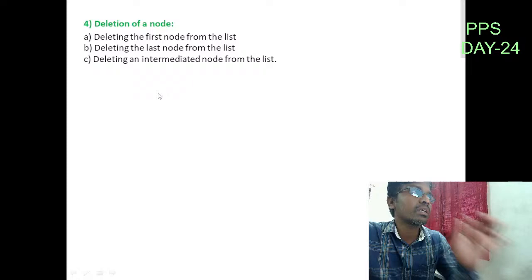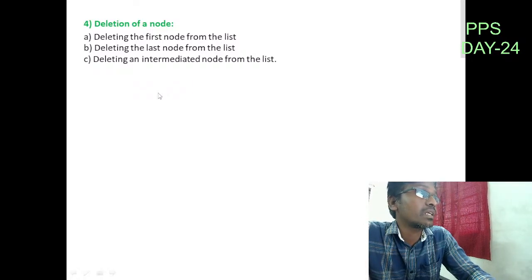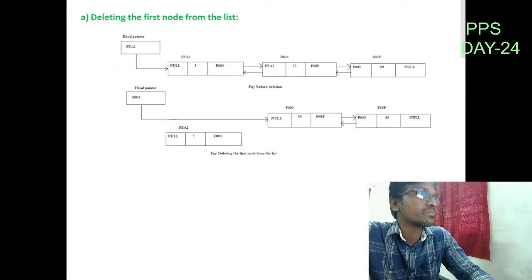And similarly you can perform deletion: deleting the first node, deleting the last node, or deleting an intermediate node. So this is an operation. If you want to delete the first node, what do you have to do? Directly, the head pointer will point to the next node. That means the address of the second node will be stored into the head pointer.